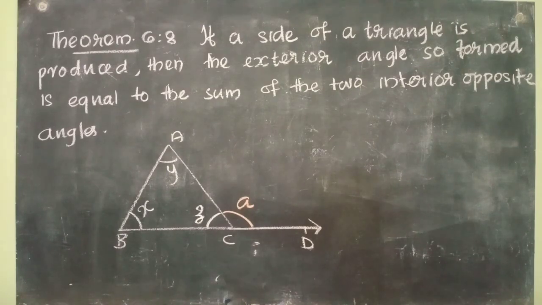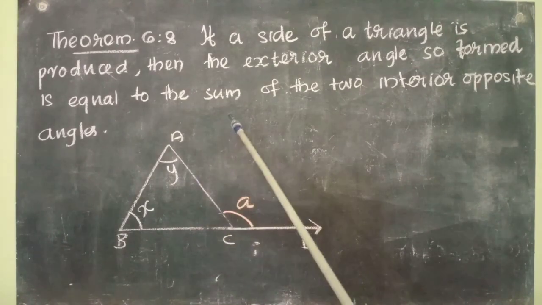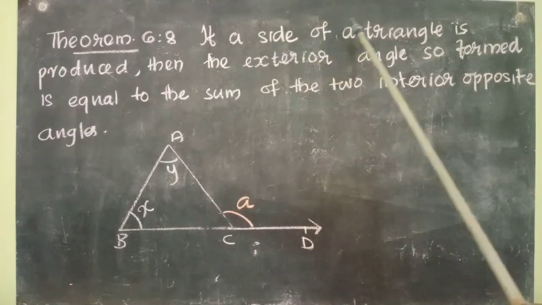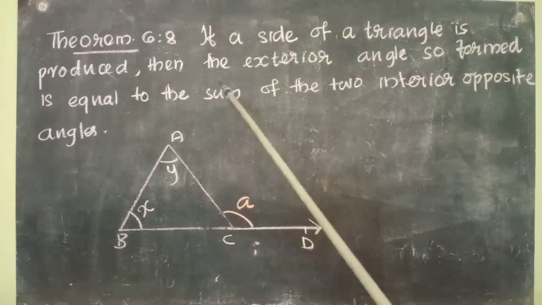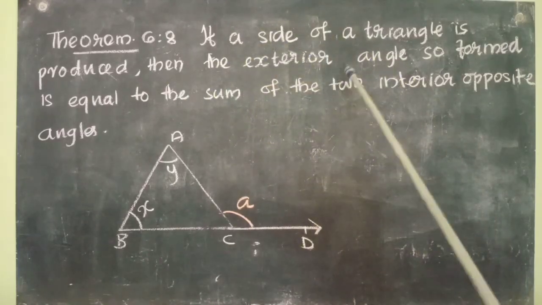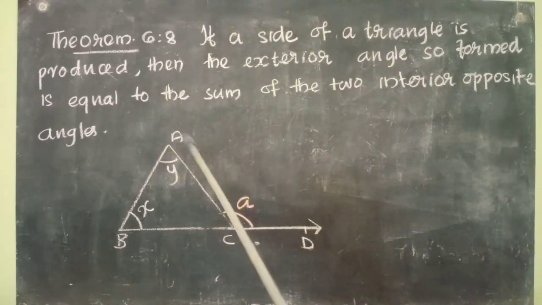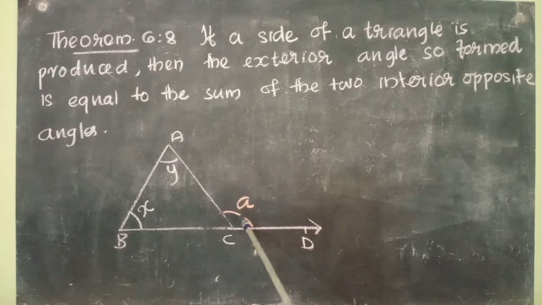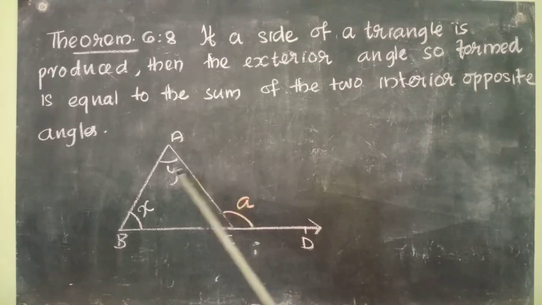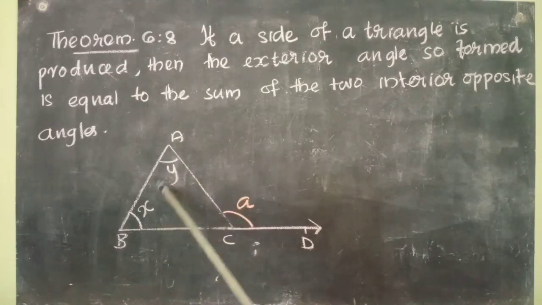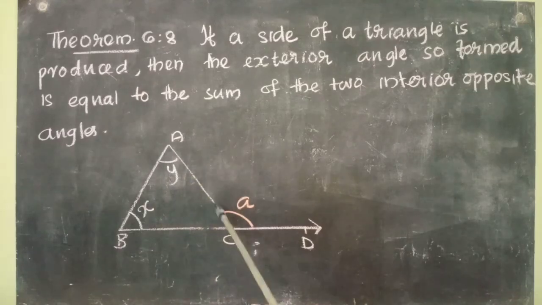That we know. Now this theorem states that the exterior angle is equal to the sum of the two interior opposite angles.